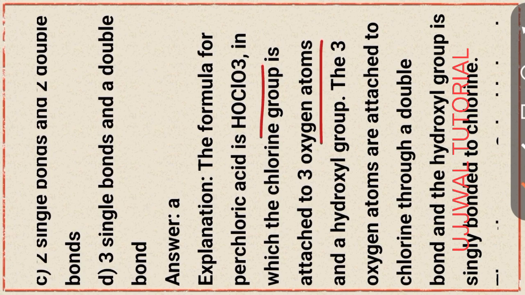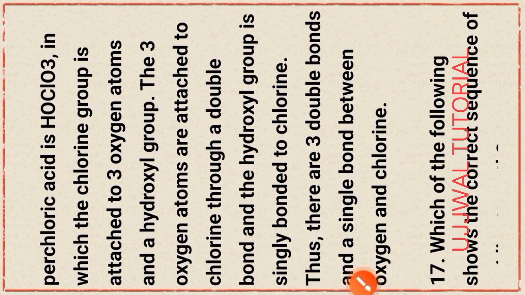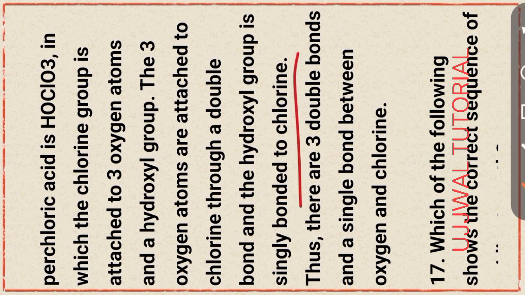The 3 oxygen atoms are attached to chlorine through double bonds and the hydroxyl group is single bonded to chlorine. Thus, there are 3 double bonds and a single bond between oxygen and chlorine.